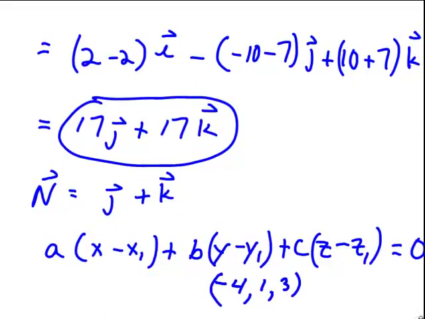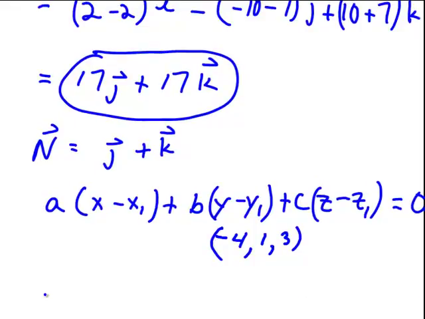So if you fill in that equation, this first term just zeroes out, so you get 1 times y minus y1, or just y minus 1, plus 1, that's the c, times z minus z1, which is 3, equals 0.